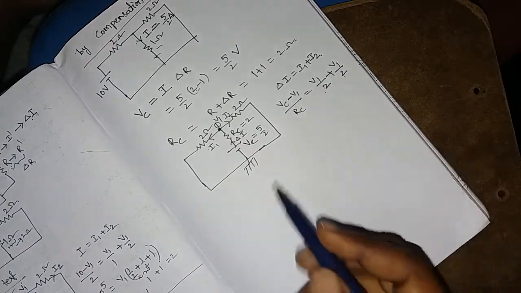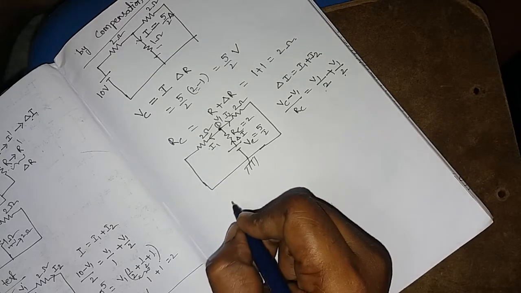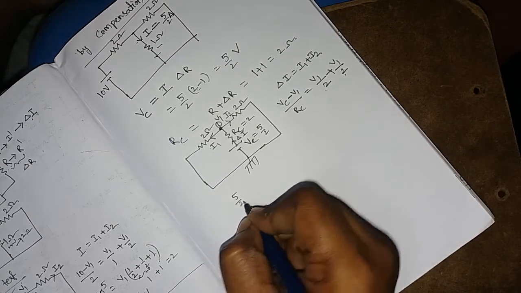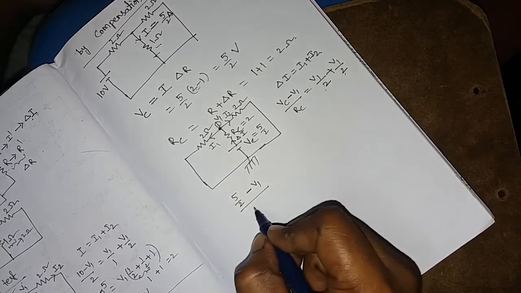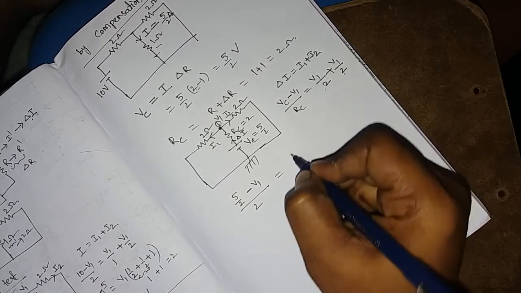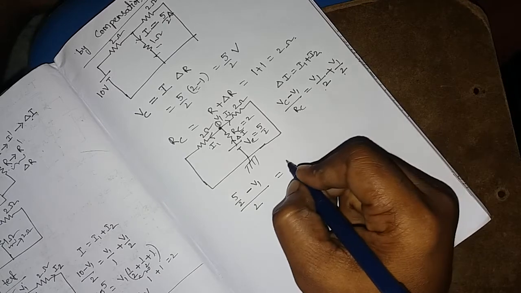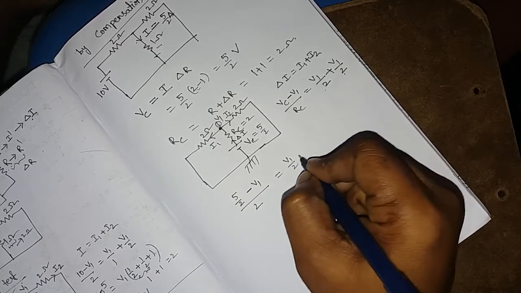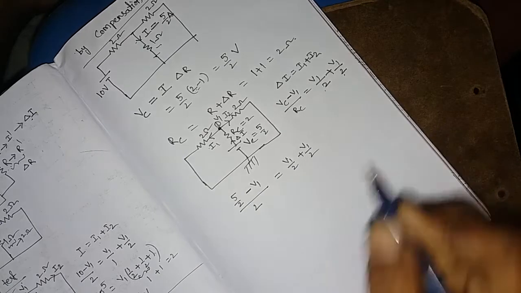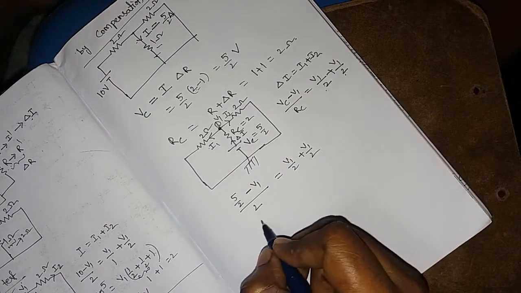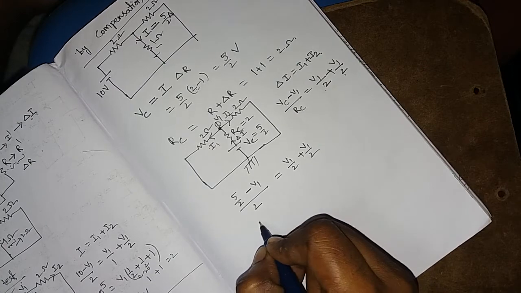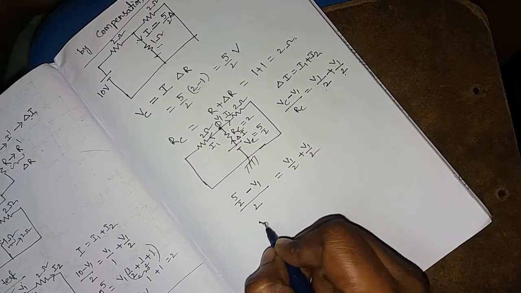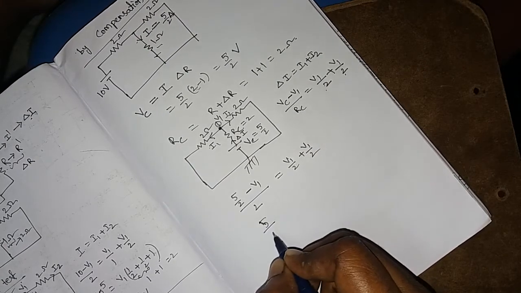After substituting, VC value is 5 by 2 and RC value is 2, so it is 5 by 2 into 2.